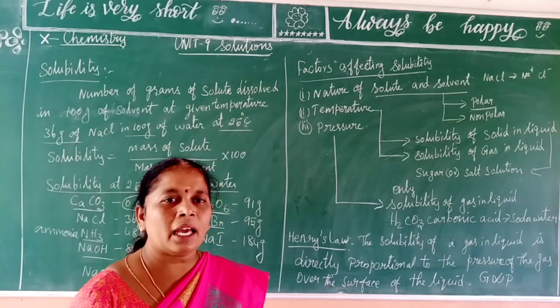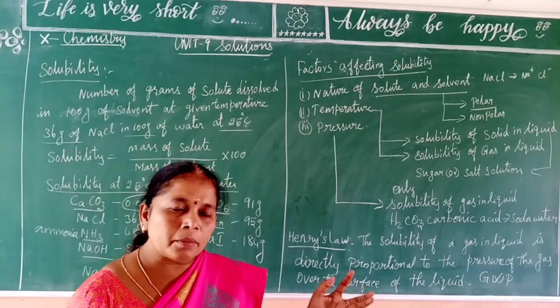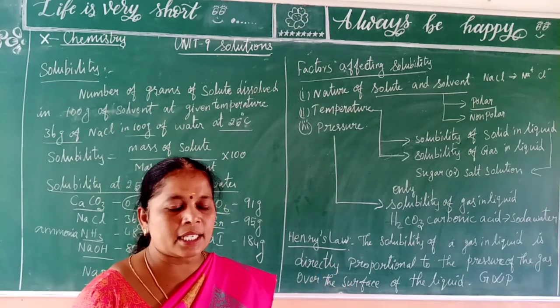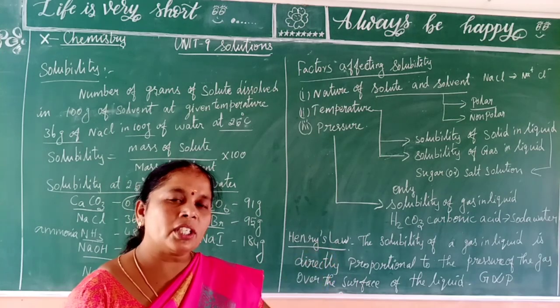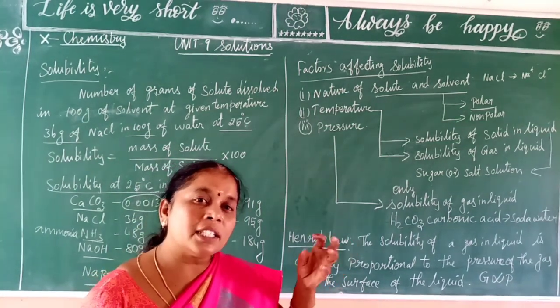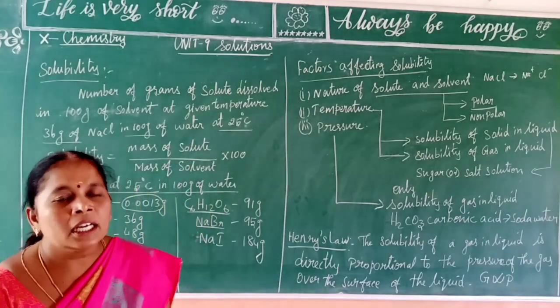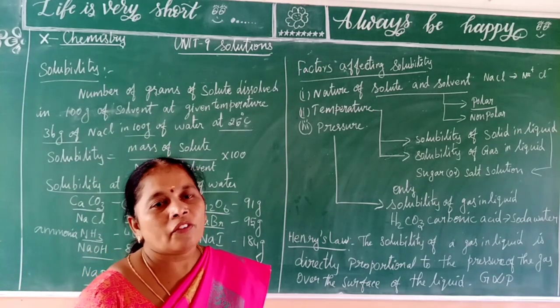There is an emission of carbon dioxide, because the pressure decreases. So when the pressure decreases, the dissolved carbon dioxide comes out. Next, formalin, aqueous solution of formaldehyde.